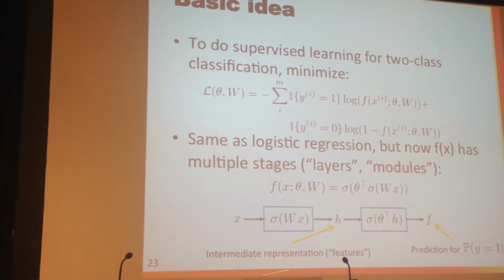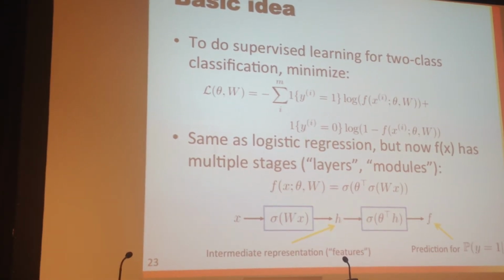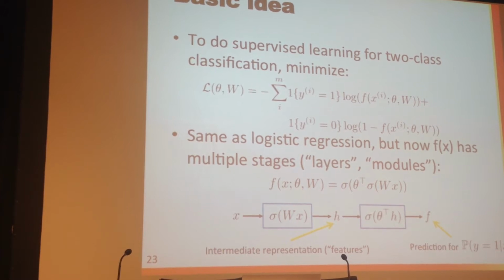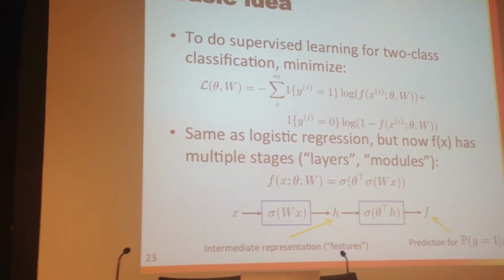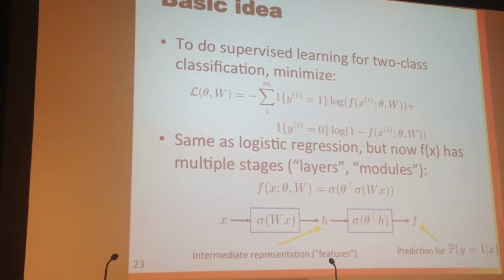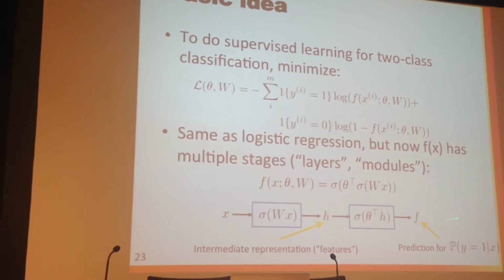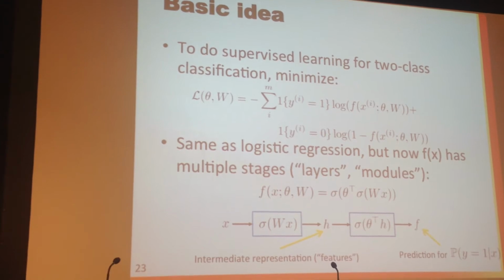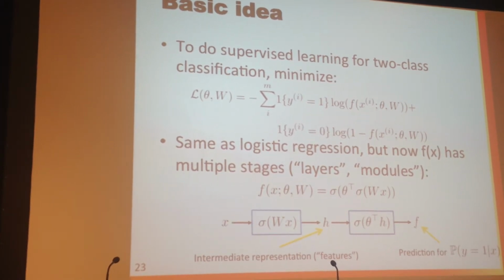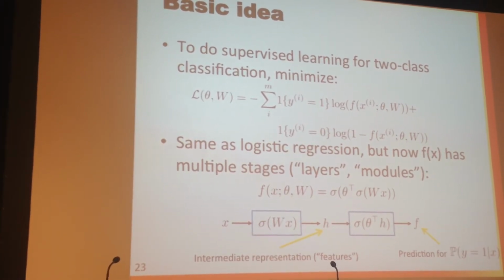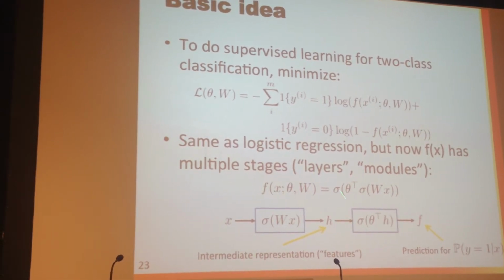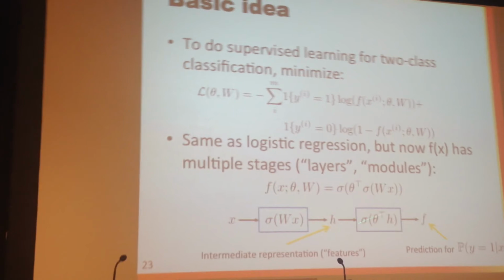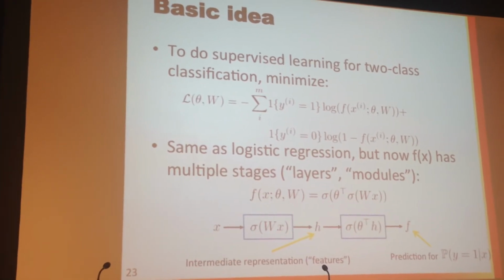You can think of these things as being your features, just like you computed features from some detector that someone gave you. And then we're going to take those features and stick them back into logistic regression. So right here is just your little logistic regression system that you built earlier in the talk. This is really just kind of an ugly way of composing multiple modules into one big function.